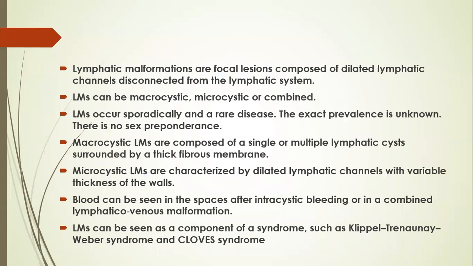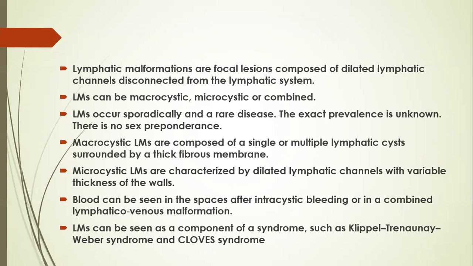Lymphatic malformations are focal lesions composed of dilated lymphatic channels disconnected from the lymphatic system. They can be macrocystic, microcystic, or combined. They occur sporadically and are rare diseases. Exact prevalence unknown, no sex predominance.